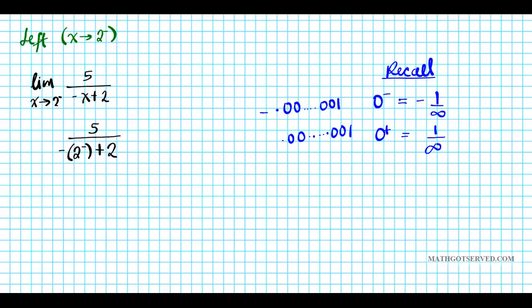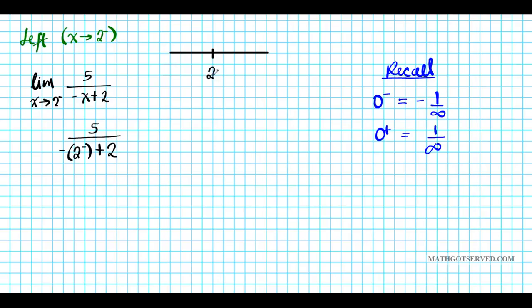Now let's go ahead and proceed with this problem. In order for us to solve this, it's good to have an idea as to what 2 from the left is. So we can give ourselves a visual by drawing a number line and locating 2. This is 2. So what is 2 from the left? 2 from the left is the biggest number that's smaller than 2.